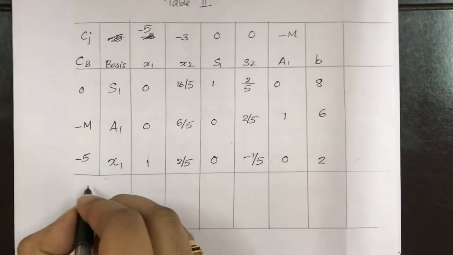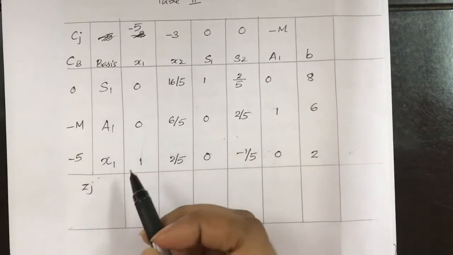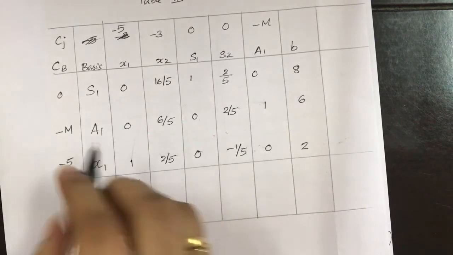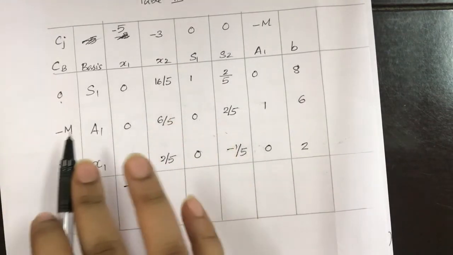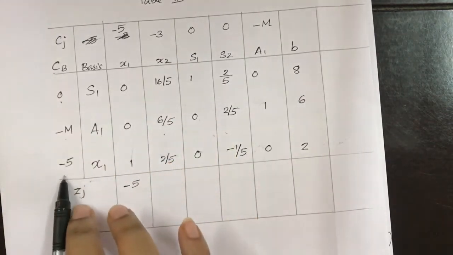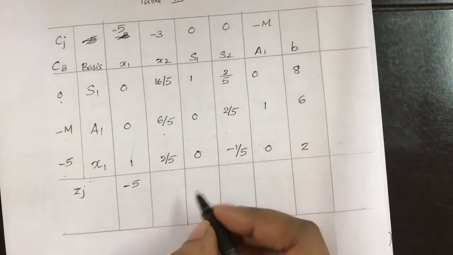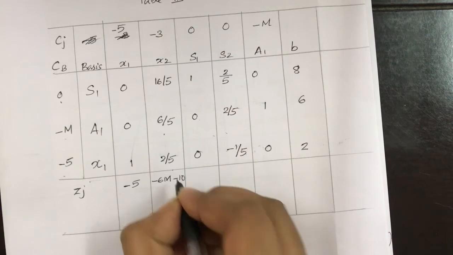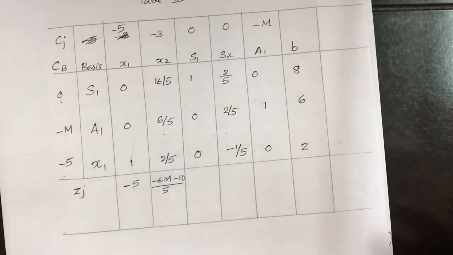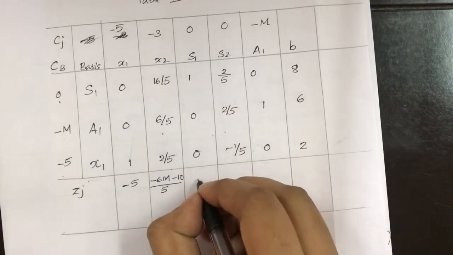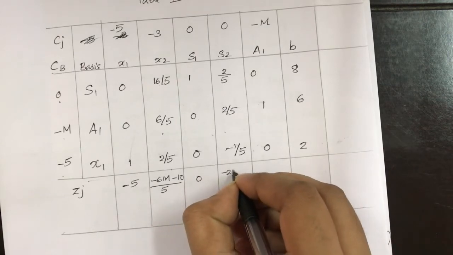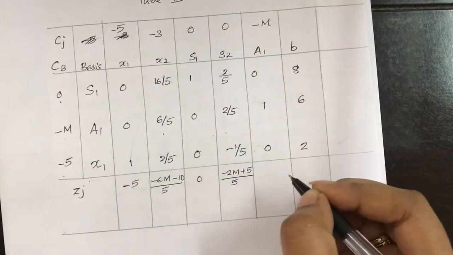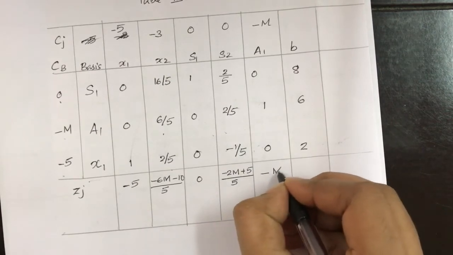And find the Zj values. Zj values are -5, 0 into 16 by 5 plus minus m into 6 by 5 plus minus 5 into 2 by 5. That is -6m minus 10 divided by 5. Next 0 minus 2m plus 5 the whole divided by 5 minus m.